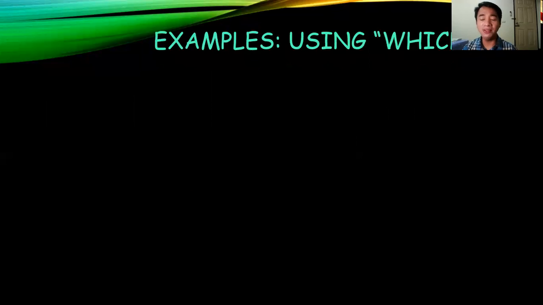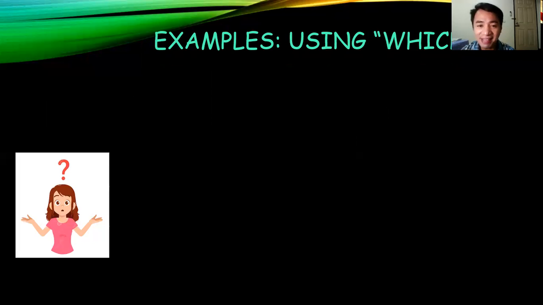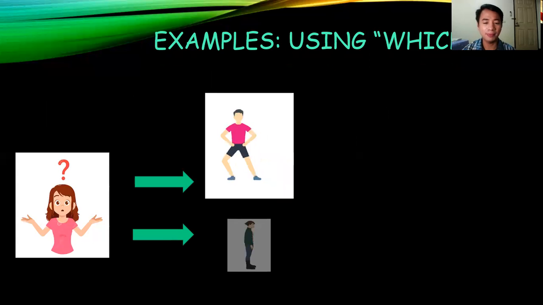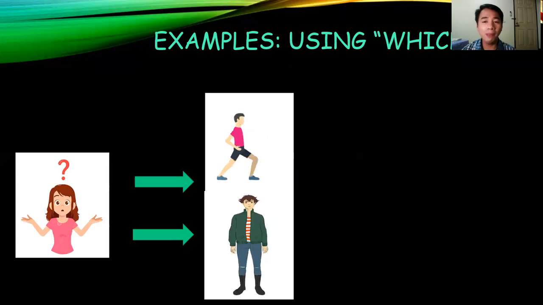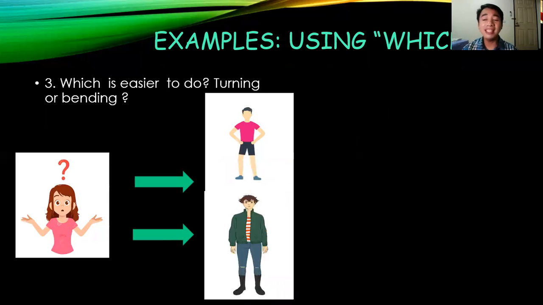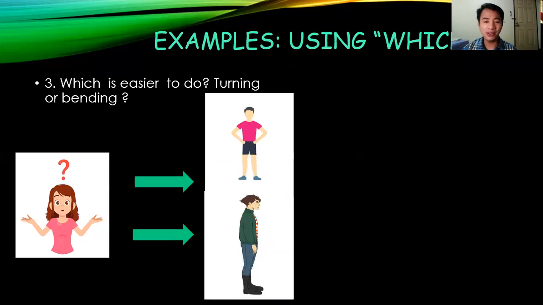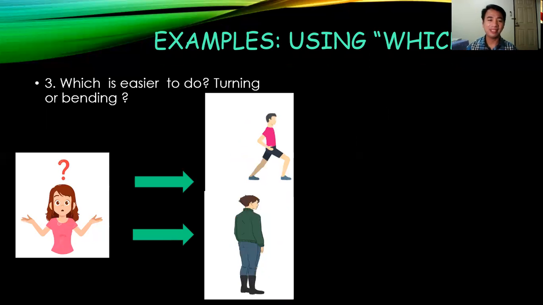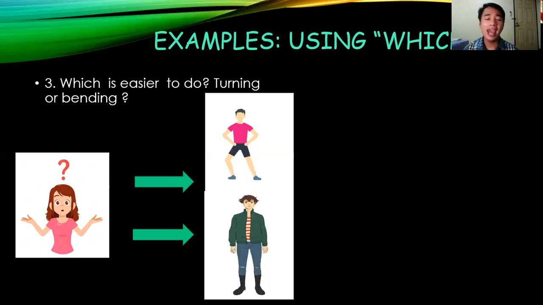Another example using which. Look at the photo again. So what will be your question now? Which is easier to do, turning or bending? Again, look at the photo, and this is the question.